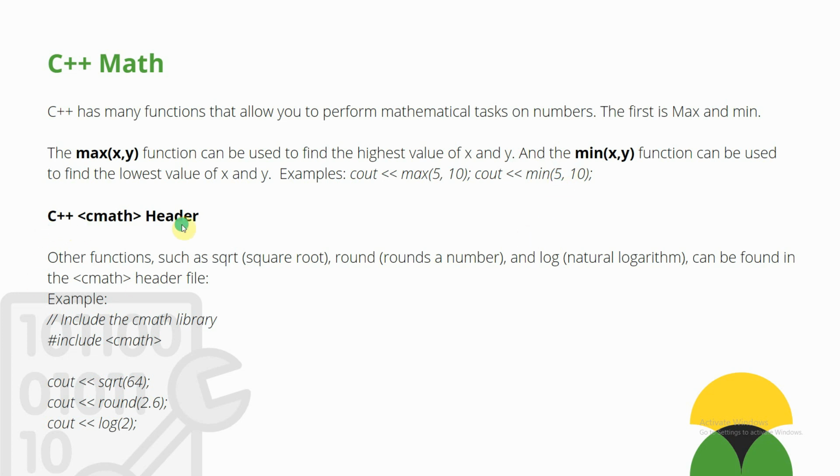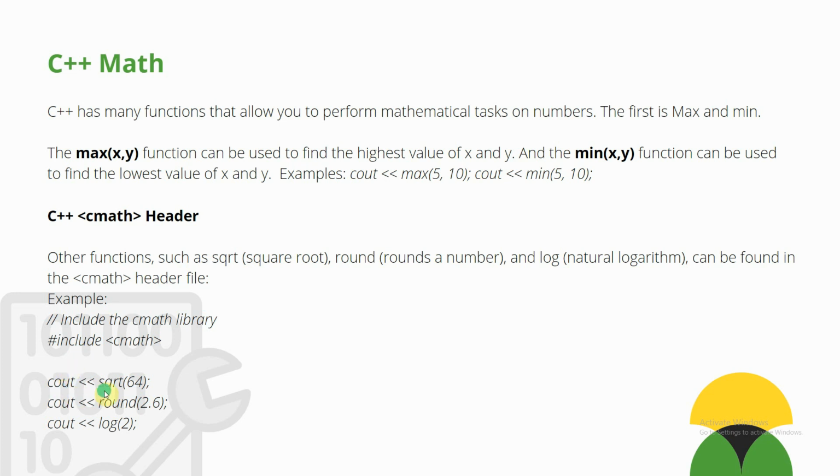So the cmath header is needed for other functions such as square root, round or rounding a number, and natural logarithm. These are included in this cmath header file, so you should add this in your include line before using these functions in your main code.